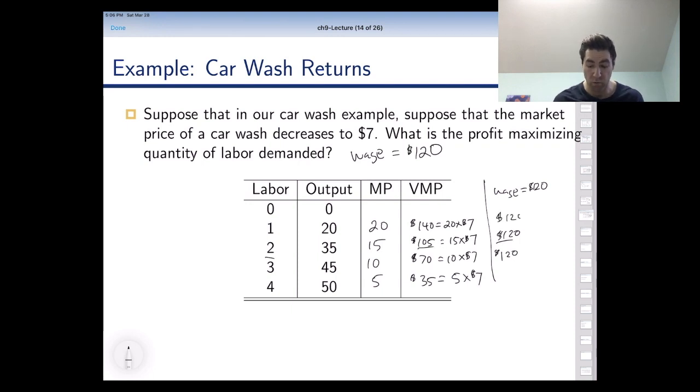I want to hire only 1 worker. And so as the price decreased, the quantity of labor demanded went down, and that's going to happen at every possible wage. And so the labor demand curve is going to decrease or shift to the left.